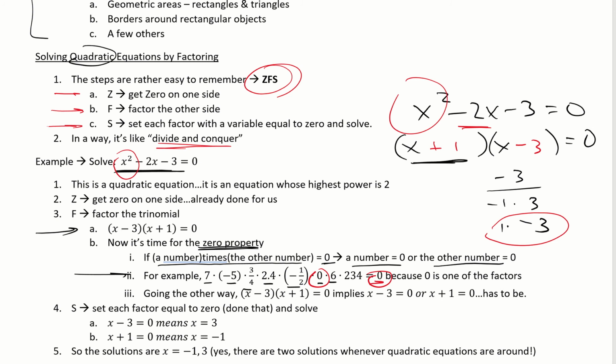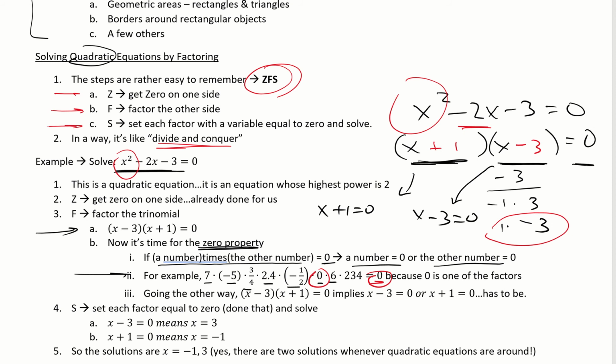I have something times something else is equal to 0. So that means either this something is 0 or this something is 0. That's the zero property to the rescue in this problem. So in other words, look at it another way.